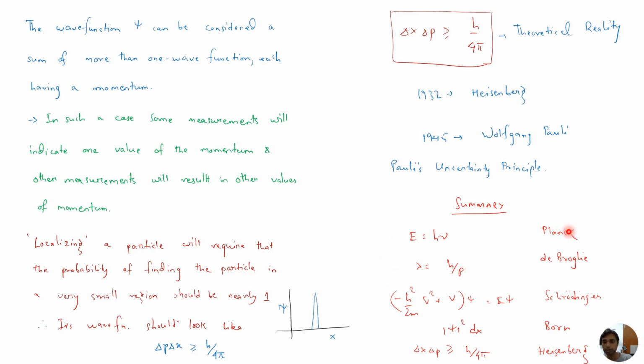So let us summarize all that we have learned. Planck's contribution is that energy can be quantized in terms of frequency, h nu, where h is a constant. De Broglie established the wave particle duality, that any particle of momentum p will have an associated wavelength lambda, which is h by p.